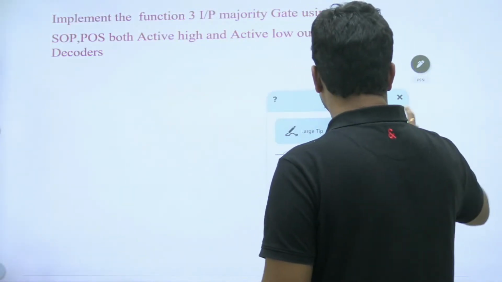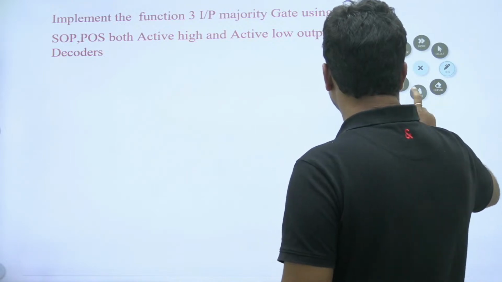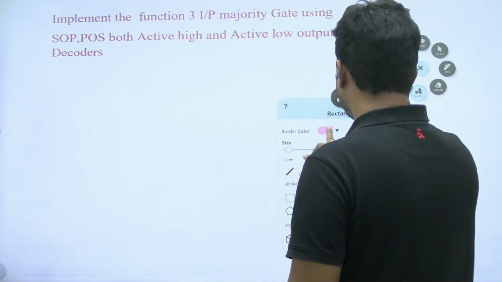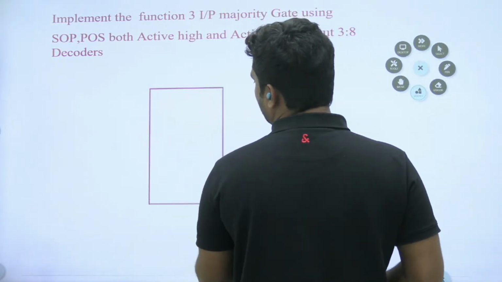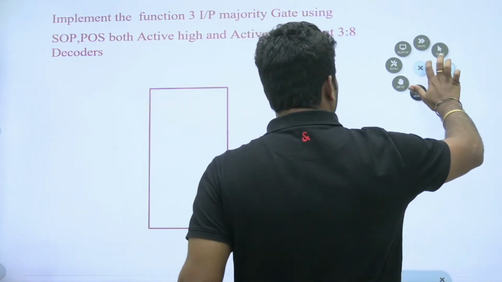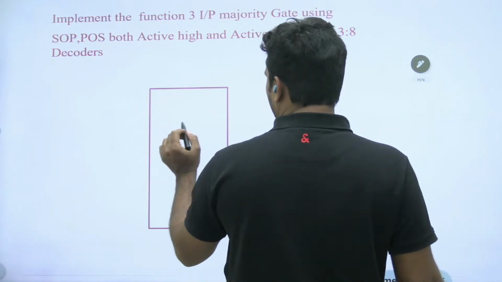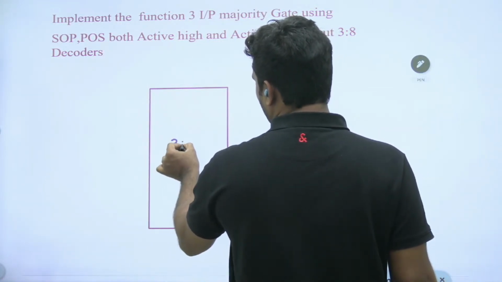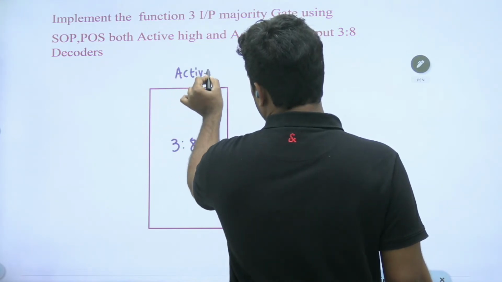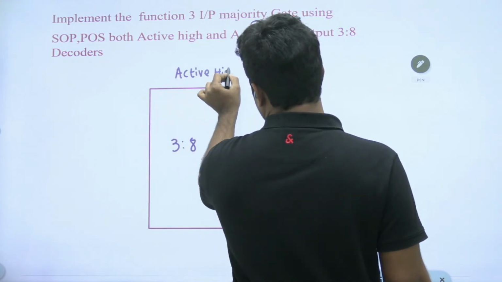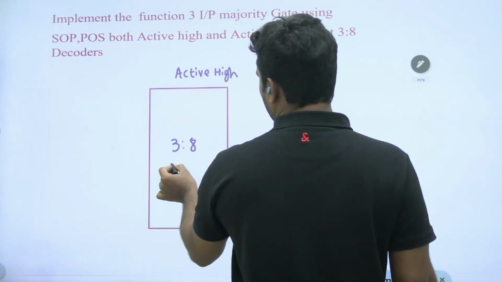Here it is the same question, but suppose the examiner asks you to implement some function using SOP, it is fine. POS, how to do it? In Mux we can convert and do it. Here also we can do it, but directly if POS is to be used. Let's take active high output. That is what we are discussing here. So 3 to 8 decoder.